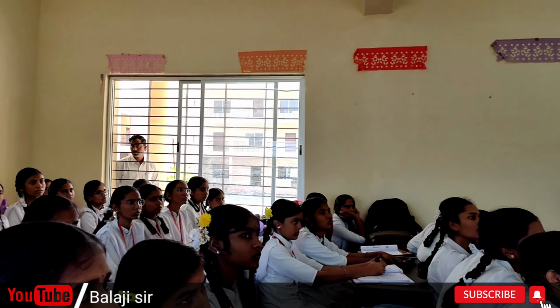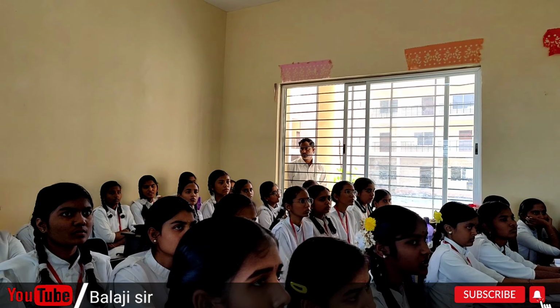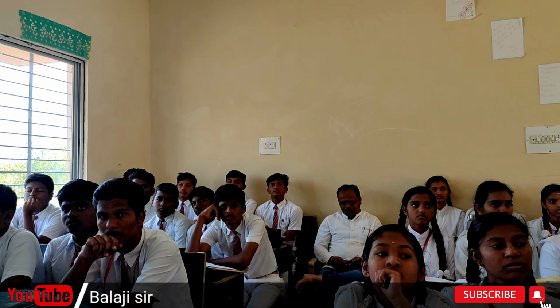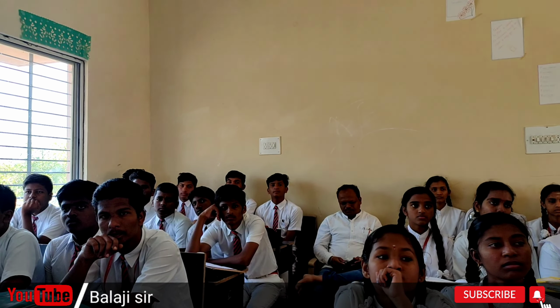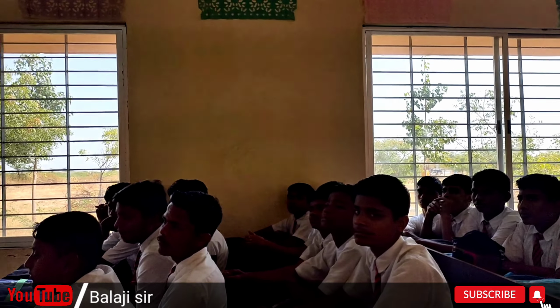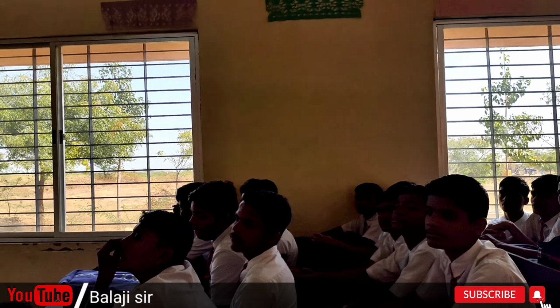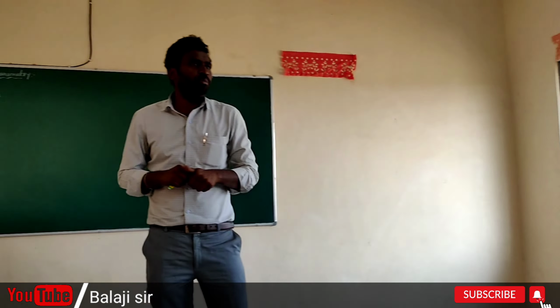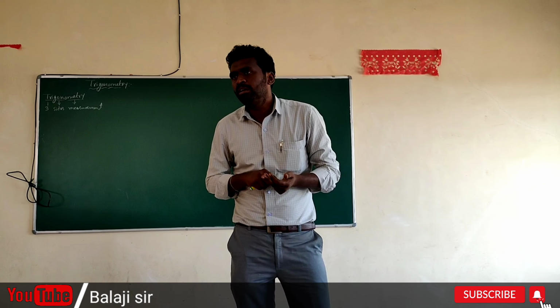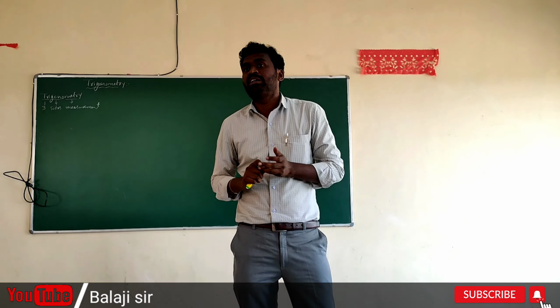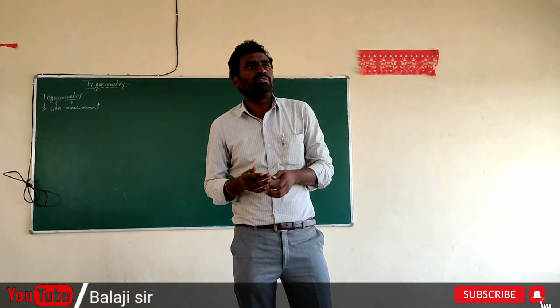That is the advantage of trigonometry. I hope it is clear. I will repeat once again: the Pythagoras theorem requires two sides to find the other side, but in trigonometry, if we have an angle and a side, we can find the rest of the angles and sides.